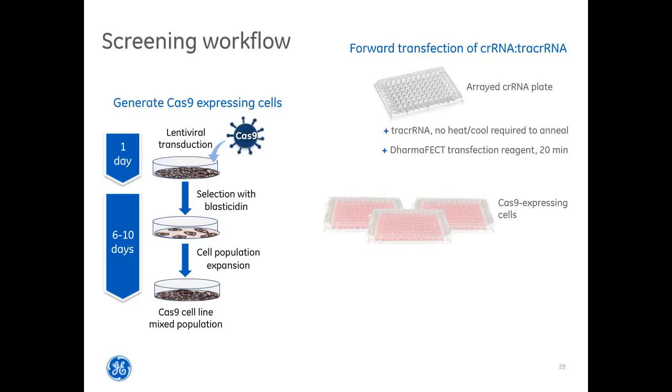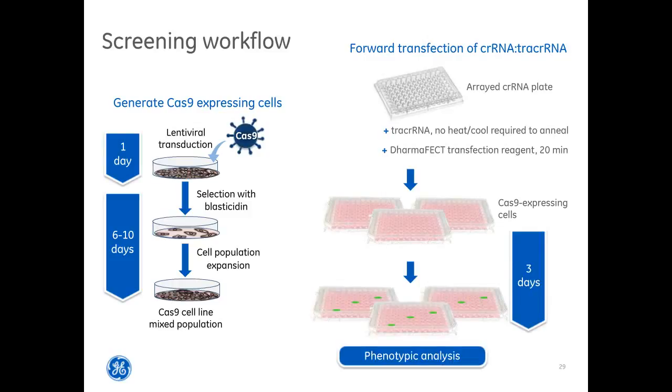They will hybridize at room temperature in just a few minutes. So then once those RNAs have had a chance to complex with the transfection reagent, about 20 minutes, this mixture is then added to the plated cells and the incubation time begins. For our assay, we used a 72-hour time point, which happens to be the same as what we'd used for an siRNA screen using the same assay.